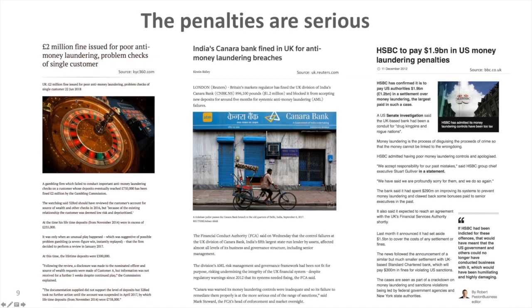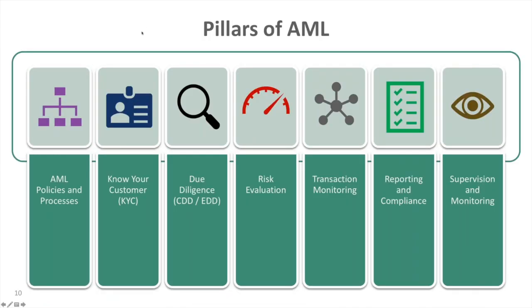And on the left, even a gambling firm was fined £2 million for not properly doing KYC and not properly identifying a money laundering case. So there are lots of penalties. It's a really serious issue, and even more recently in the news, you'll probably have heard about a number of ongoing investigations and fines. So it's a really big deal.